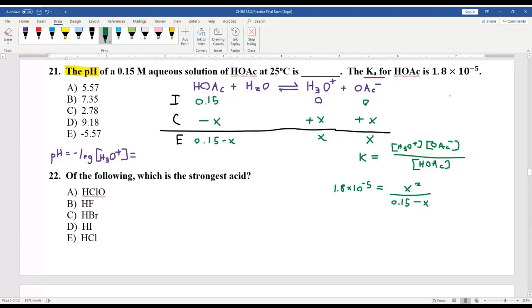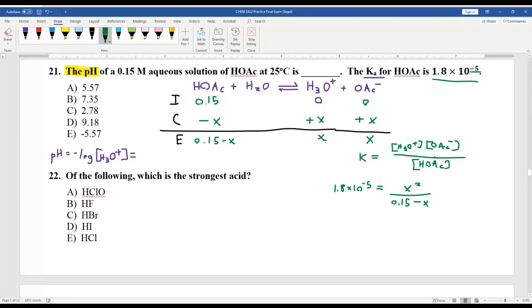However, whenever K is 10 to the negative fifth or less, so 10 to the negative fifth, 10 to the negative sixth, whatever, the amount of ionization is so small that this minus x can typically be ignored. So let me repeat that.